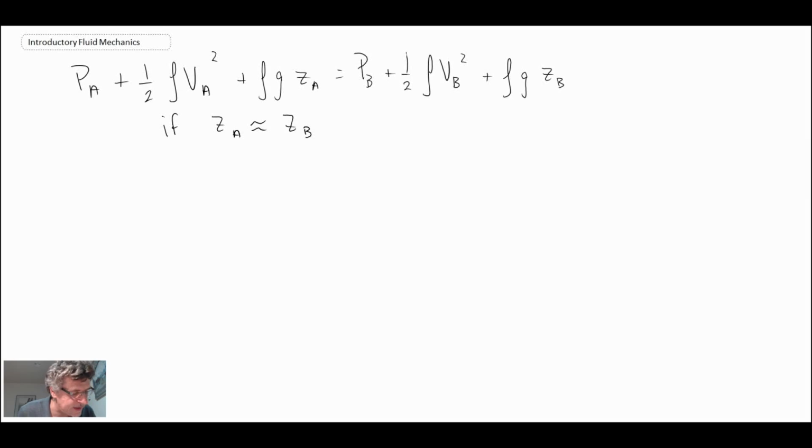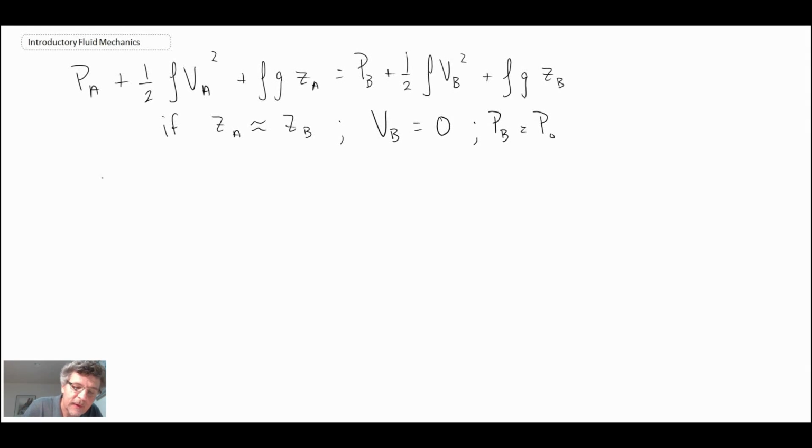Not much of an elevation change, even if we're dealing with water or air. The other thing that we said is that at point B, the velocity comes to zero, and consequently at point B, the pressure being measured is P naught, or the total pressure in the flow.